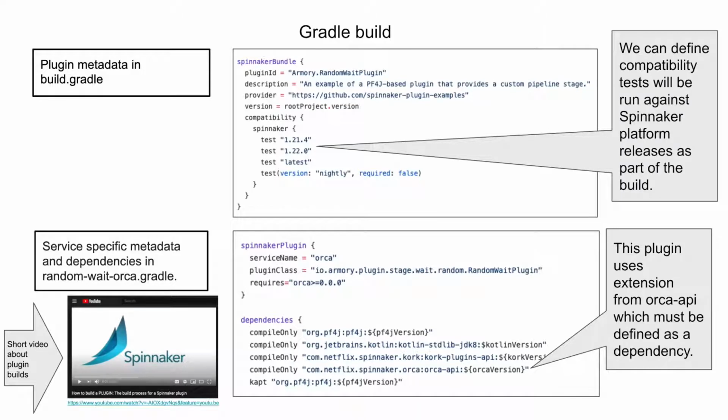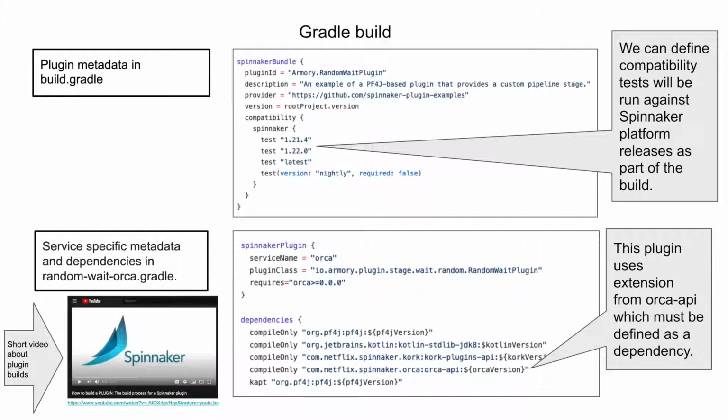So this is just an overview of the specifics in the Gradle build files that are noteworthy for plugins. On the top, this is the build Gradle that's just got metadata about the plugin, the ID, description, version, and we also have compatibility tests defined that run this plugin against different versions of the Spinnaker platform.